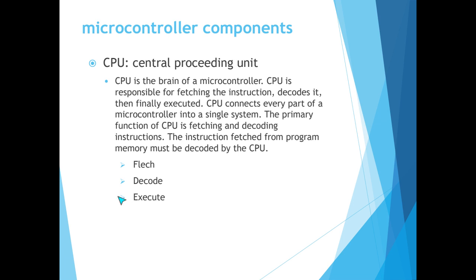Actually, the CPU connects every part of the microcontroller into a single chip, as I showed you in the previous slide. The primary function of the CPU is fetching and decoding instructions, and the instruction fetched from the program memory must be decoded by the CPU.